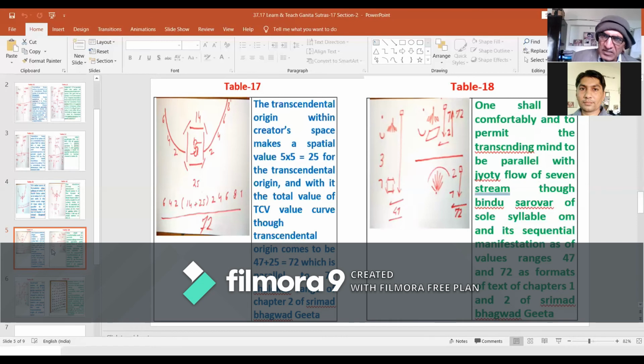Therefore, the sadhakas fulfilled with intensity of urge to go further parallel with the mathematical domain of Ganita Sutras shall have a simultaneous chase of the Jyoti flow from the orb of the sun along the artifices of the soul syllable Om. In this way we will be having a simultaneous chase of the unfolding process of the mathematical domain of Ganita Sutras on the one hand, and the manifestation of the organization format of the text of Srimad Bhagavad Gita on the other hand.